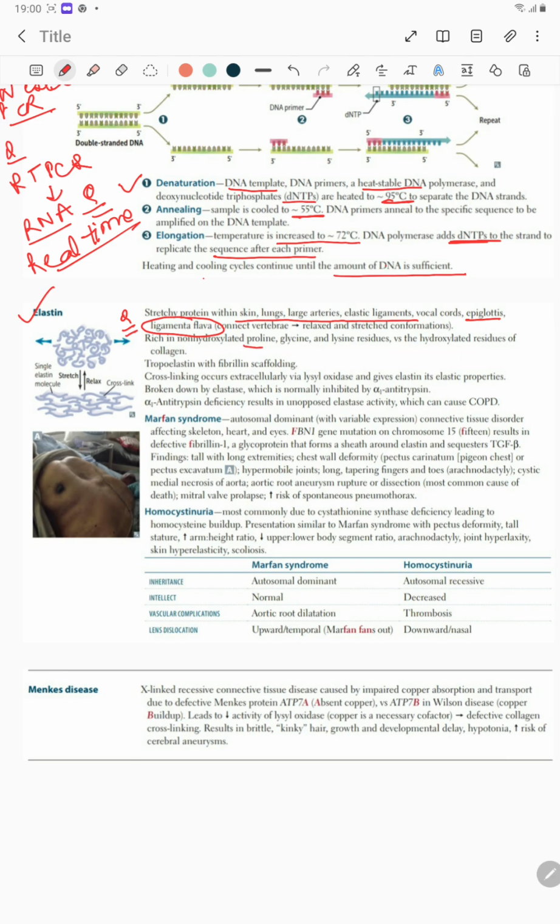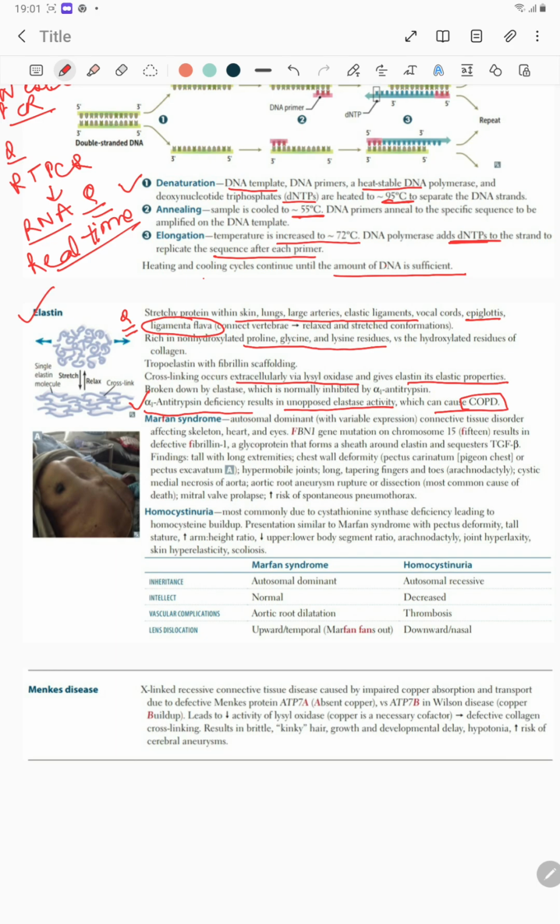It is rich in proline and glycine residues, versus the hydroxylated residues of collagen. Cross-linking occurs extracellularly via lysyl oxidase and gives elastin its elastic properties. There is one clinical correlation: alpha-1 antitrypsin deficiency results in unopposed elastase activity, which can cause COPD.